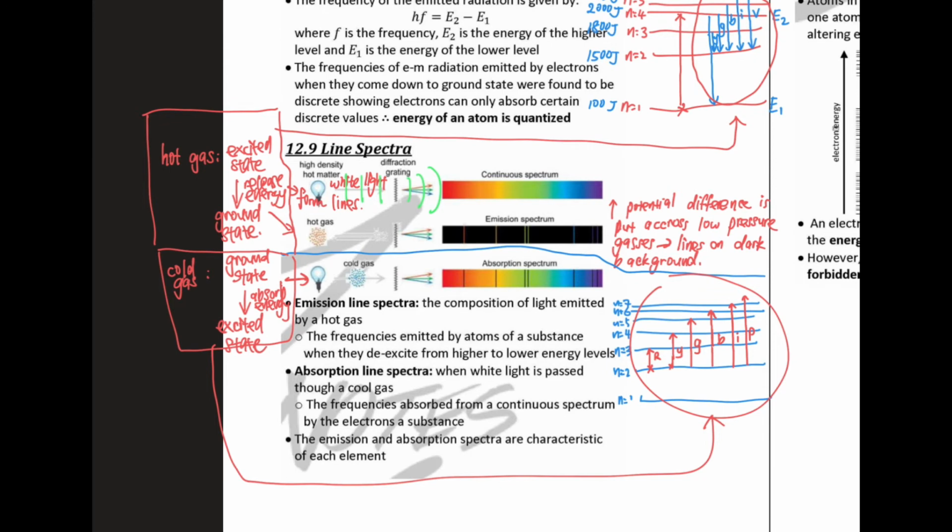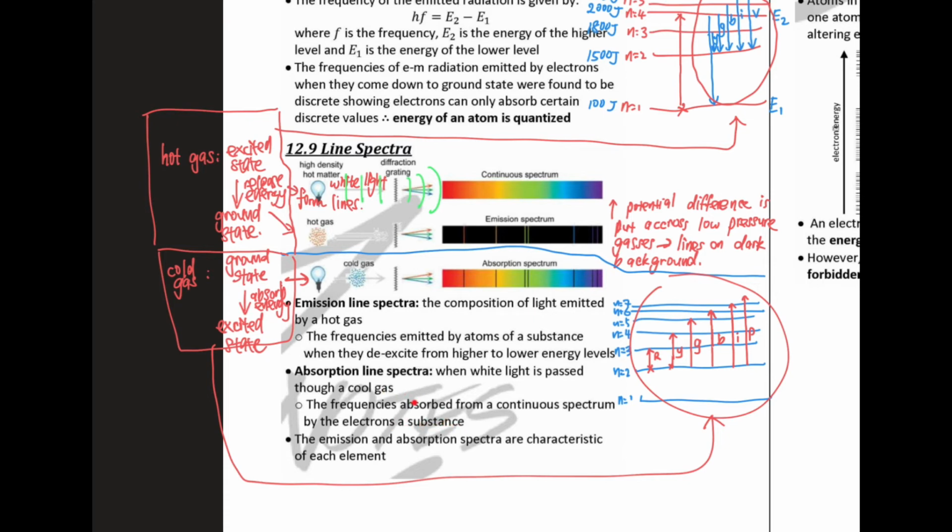Then next one, absorption line spectra. When white light is passed through a cold gas. You can see here, this is the white color light passed through the cold gas, and then the cold gas absorbs energy. Then certain lines are not there. The frequencies are absorbed from a continuous spectrum by the electrons of a substance.